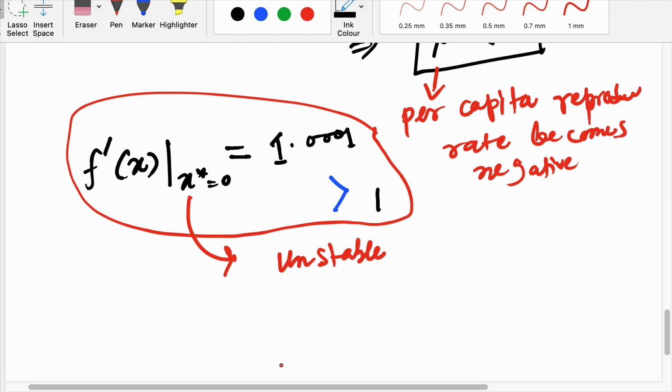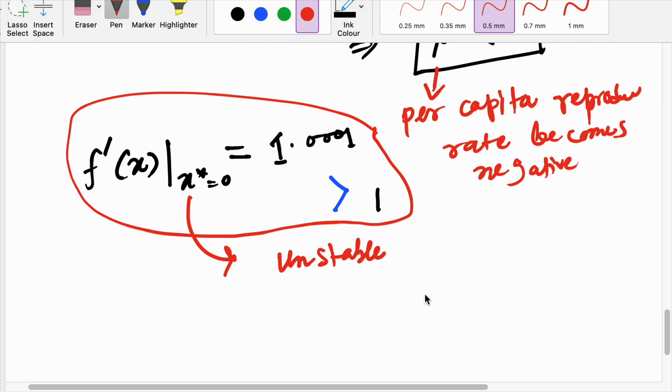We can say that the population cannot go toward extinction, because by some means it will always avoid extinction. This is called the bifurcation.